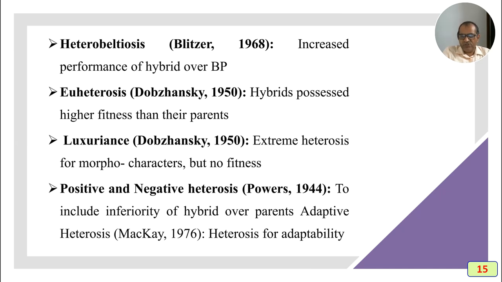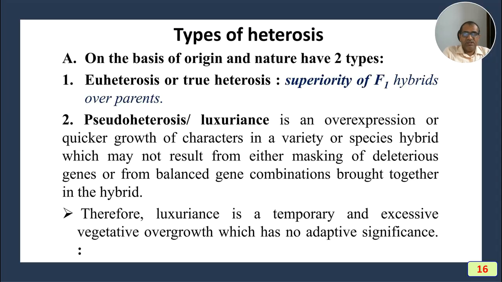Adaptive heterosis is also called heterosis for adaptability. Then the types of heterosis: there are two types. One is euheterosis, or true heterosis, meaning superiority of the F1 hybrids over the parents.